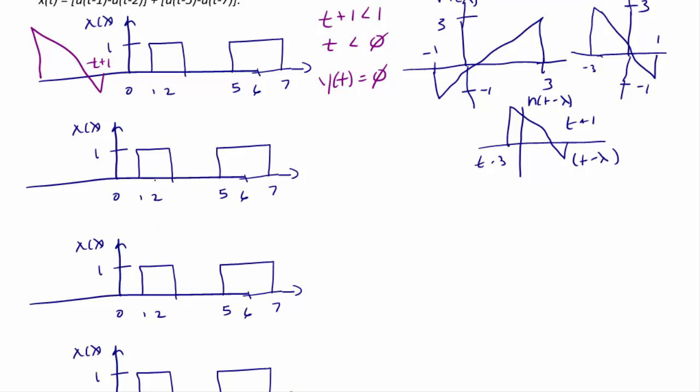Our next region is where t+1 is between 1 and 2. So here's t+1. t+1 is between 1 and 2, which means that t is between 0 and 1. So y of t is equal to the integral from 1 to t+1, t minus lambda d lambda.